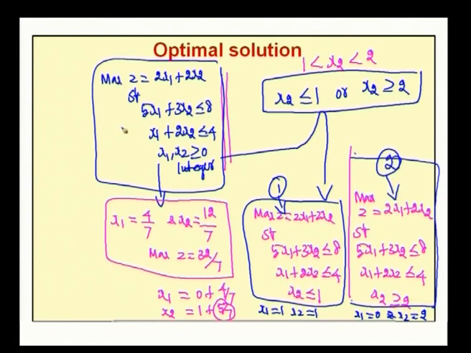Therefore, the given original problem has optimal solution as maximum z equal to 4 with either x1 equal to 1 and x2 equal to 1 or x1 equal to 0 and x2 equal to 2.